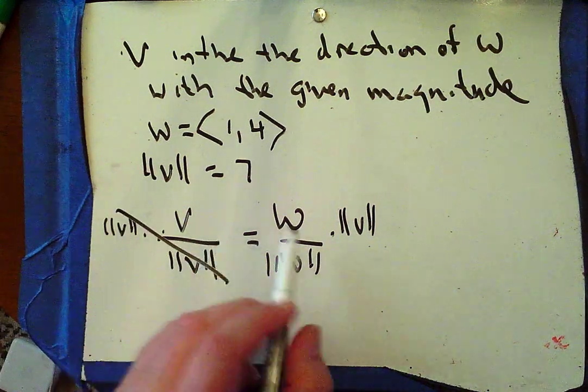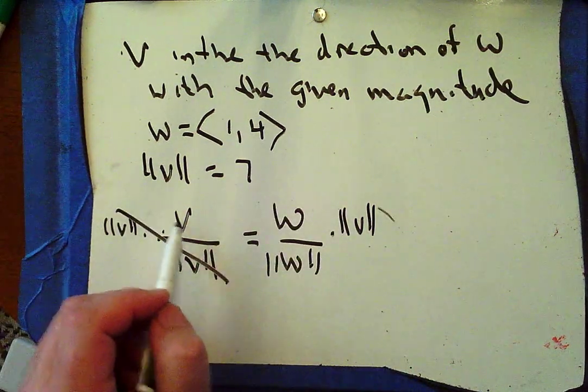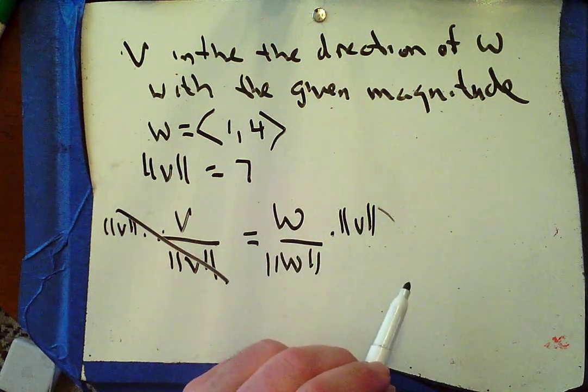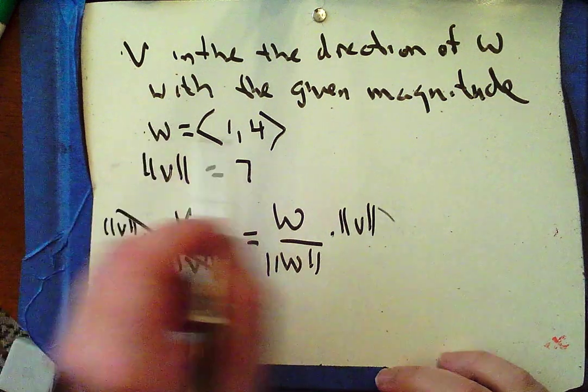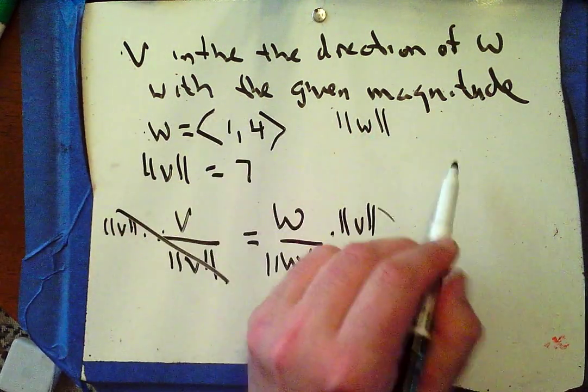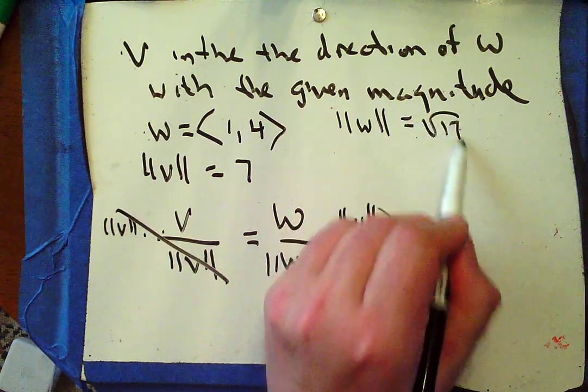So now, in order to use this recipe to find v in the direction of w with the given magnitude, I'm going to need to find the magnitude of w. So I use the Pythagorean theorem on these components, and I get square root of 17.